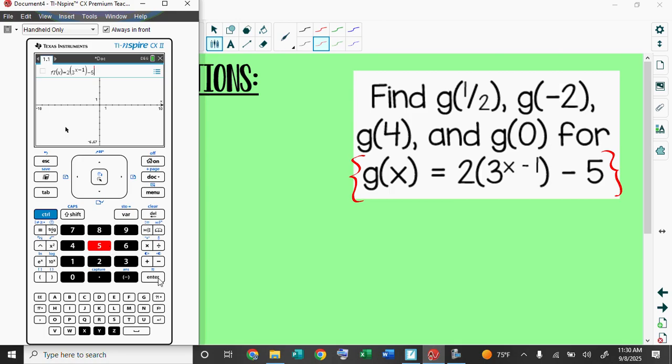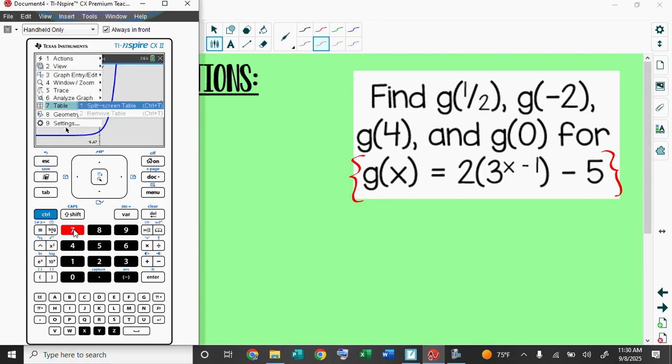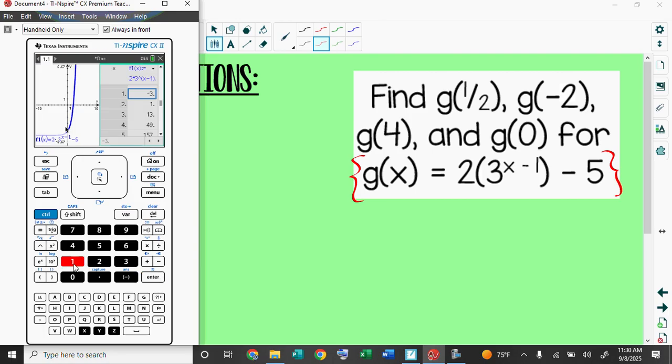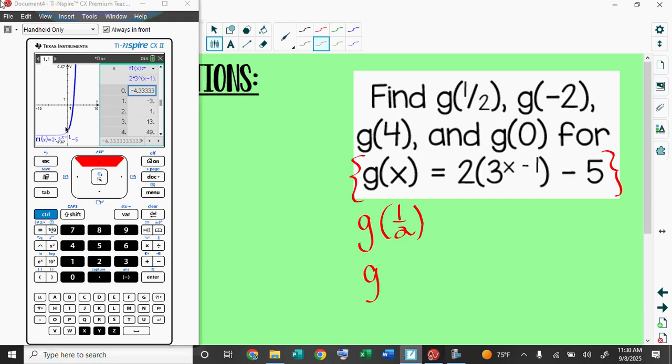So now I'm going to press enter, and I'm going to go to my table, menu 7, 1, and I need to find g of 1/2. Well, if you look, 1/2 should be in between 0 and 1. That's not on there. We're going to come back to it. But I can find g of -2.